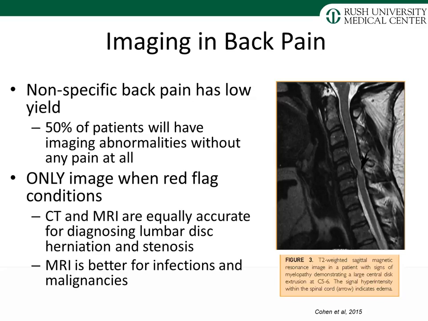And so if you have a patient with nonspecific back pain and an abnormal scan, you don't know whether the scan is actually related to the back pain or not. So although many times we will consider ordering imaging for back pain, it really is only useful when there's a specific cause that can be localized and when a red flag condition exists.